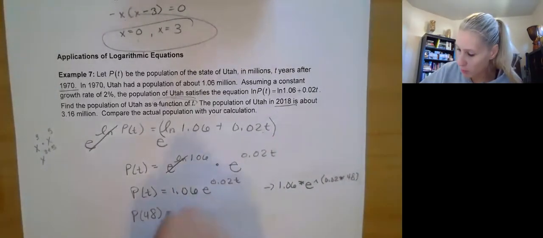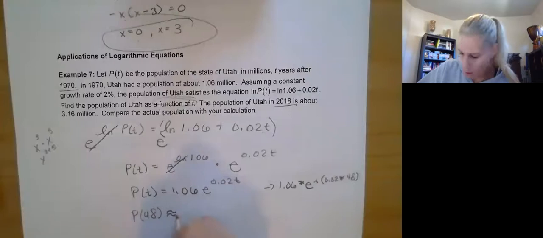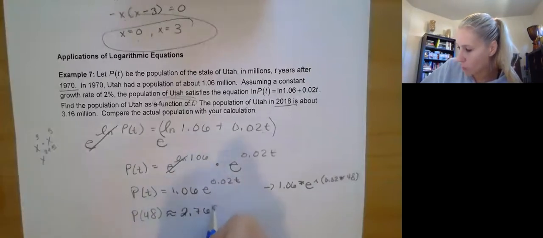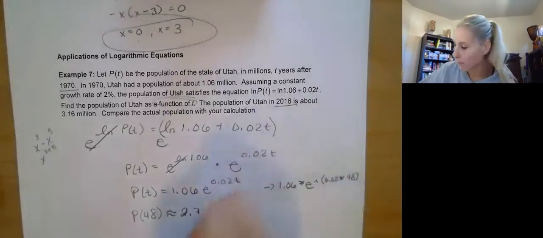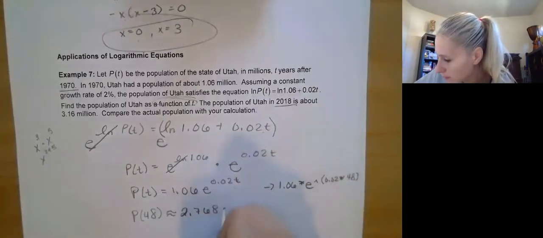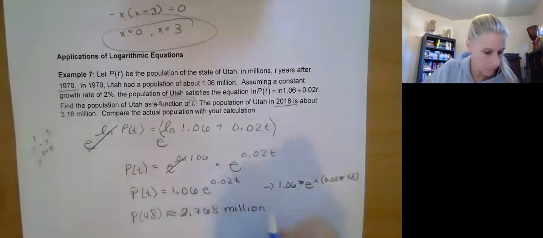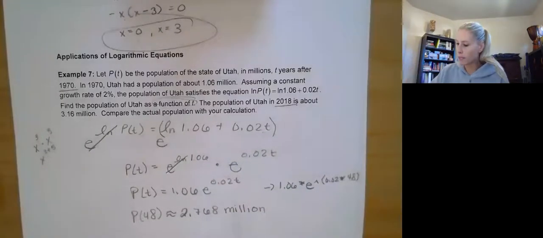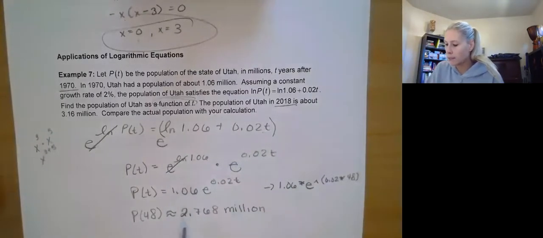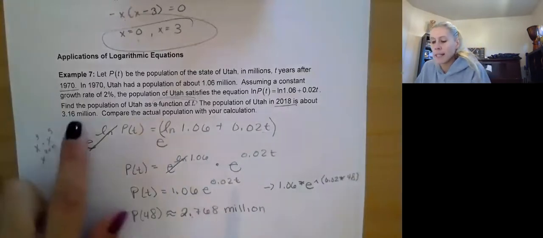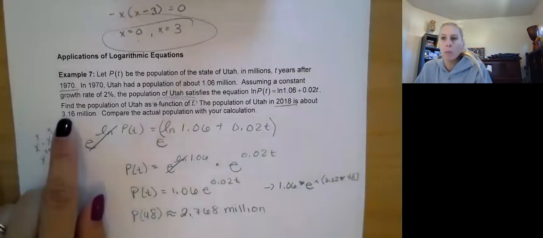And when we come out with this, we get 2.768. Now, what does that represent? That represents millions of people, right? So if we think about this, this is 2.7, but they said it's about 3.16. So what happened here?